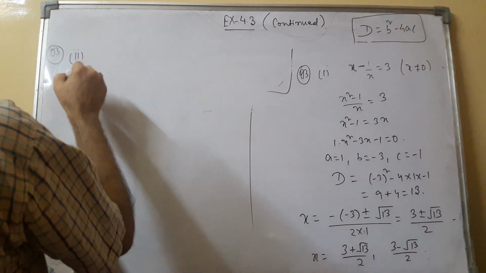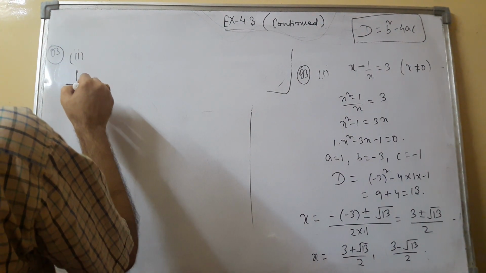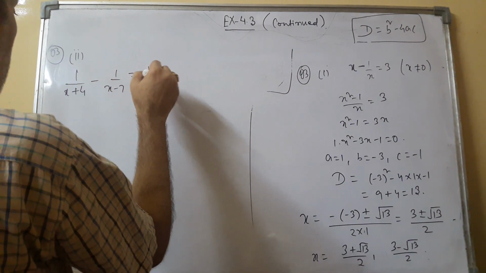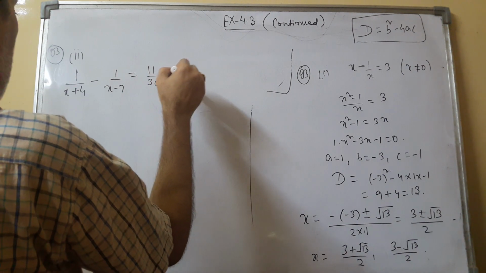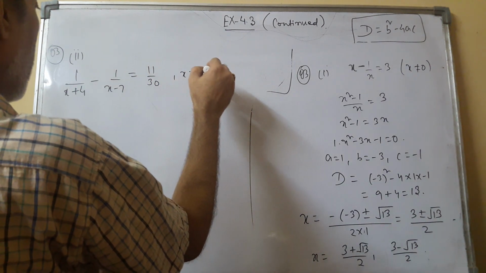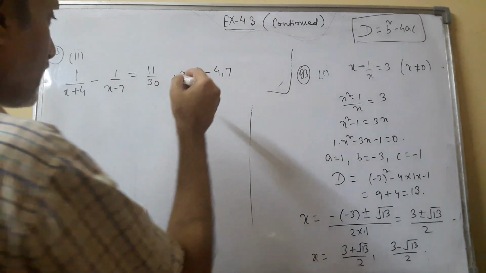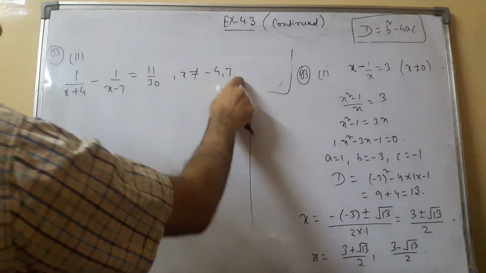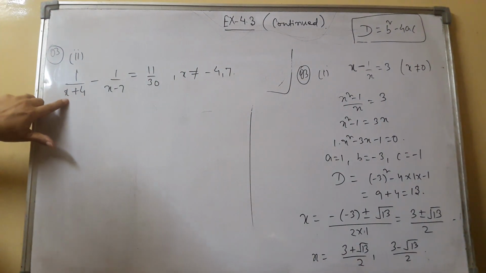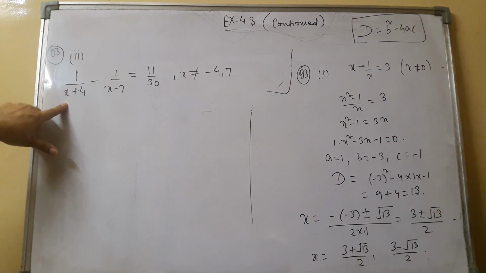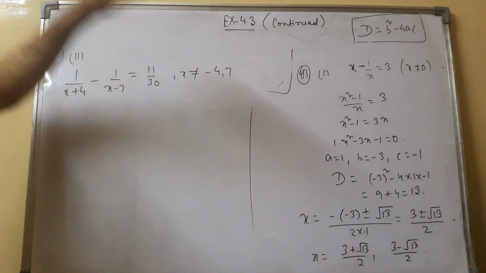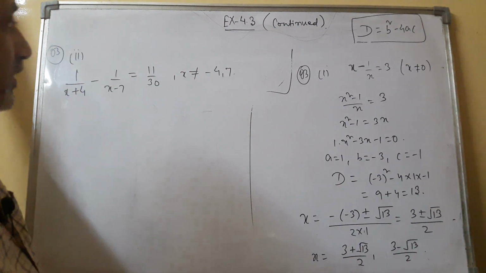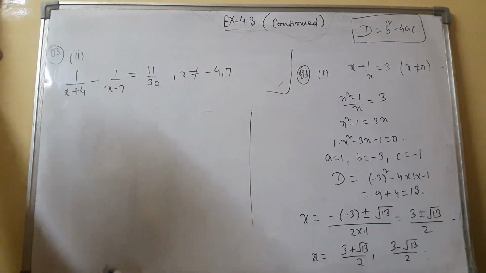It's 1 upon x plus 4 minus 1 upon x minus 7 equal to 11 upon 30, comma x not equal to minus 4, 7. Look at this carefully, x cannot take values minus 4 and 7, because if x equals minus 4, 1 upon 0 will not be defined, and if x takes 7 then this term will not be defined, therefore x cannot take values minus 4 and 7.